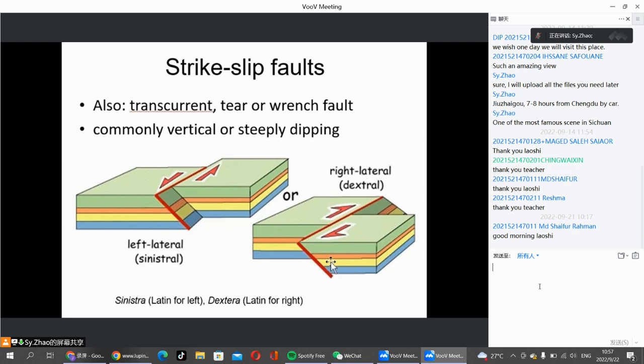For example, for this fault, if we stand here and look at it from the right side, if the farther block moves to the right, it is right lateral, and if the farther block moves to the left relatively, it's left lateral fault.